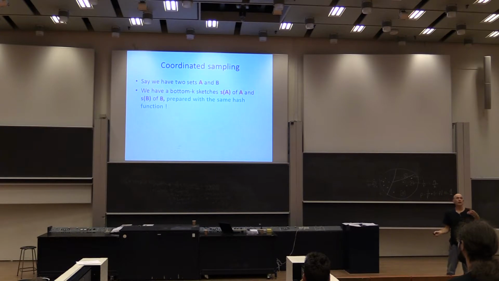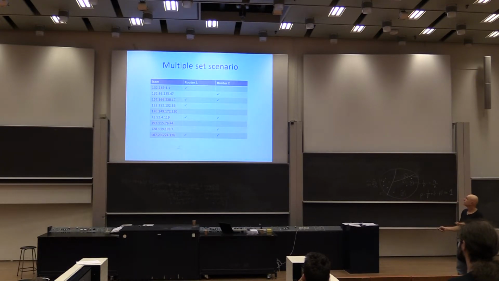So what router 1 does is apply the hash function to each of these IP addresses, and it takes the K flows with smallest hash value, and the same does B. Now, there are two ways that you can do this.